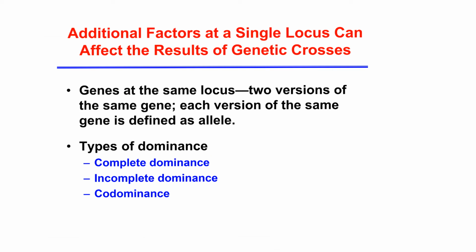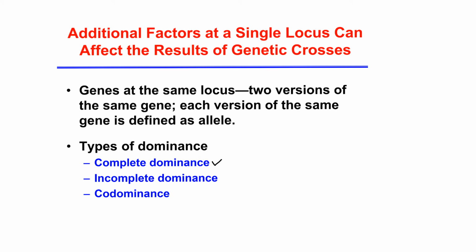Besides formulating the law of segregation and independent assortment, Mendel also formulated a concept of dominance. Nowadays we know, if we translate his observation and his concept, that each gene comes in two versions, respectively each gene has two alleles. And what Mendel formulated, if we translate his formulation, is the concept of complete dominance.